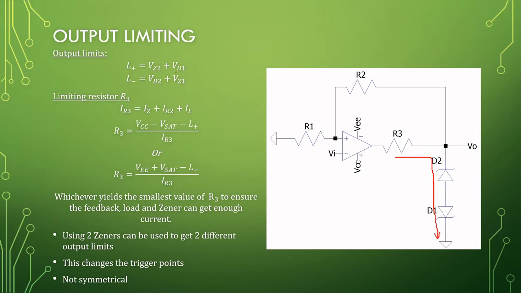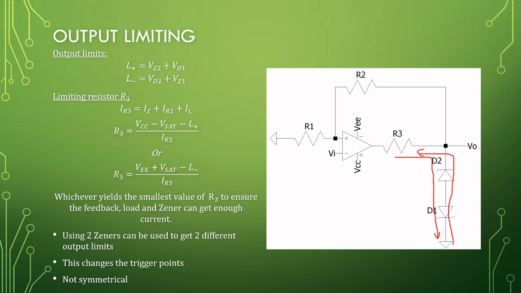So the Zener voltage plus 1 diode voltage. For a negative output, we will see Zener 1 and diode 2. So that will be our new limits.